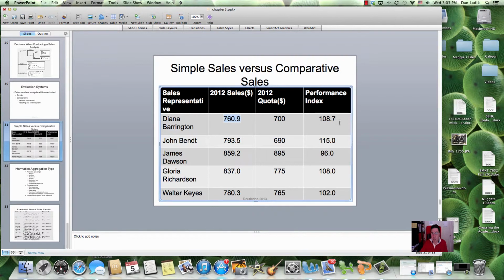They're 108% of quota. Here, where someone didn't meet their quota, they were under their quota, obviously it's less than 100. 100% would be meeting quota. Anything over 100%, 8.7% over, 15% over, 8% over, 2% over. That's a performance index.